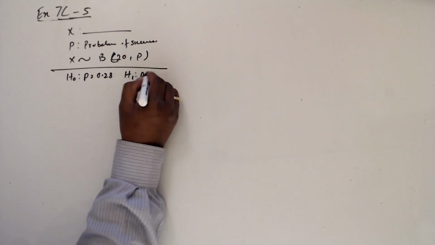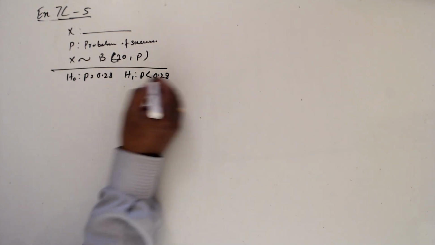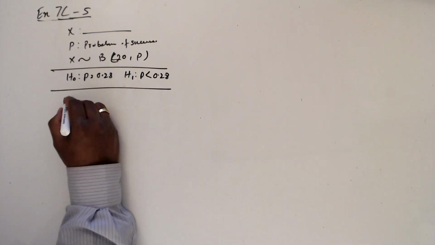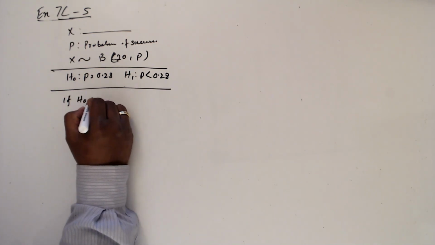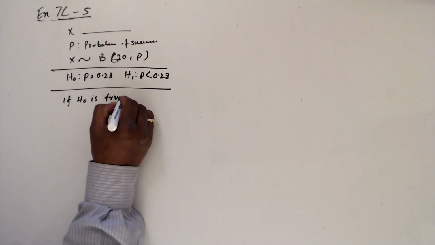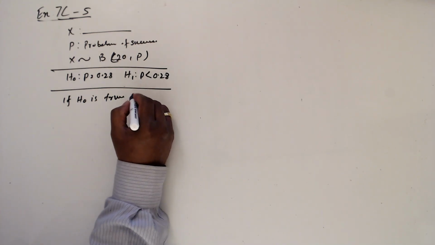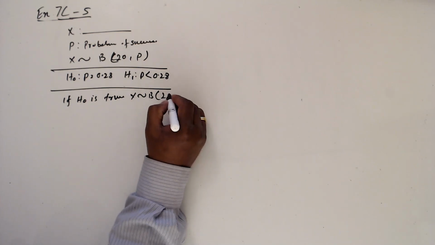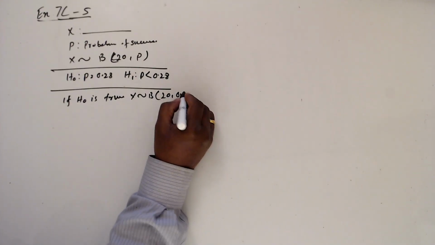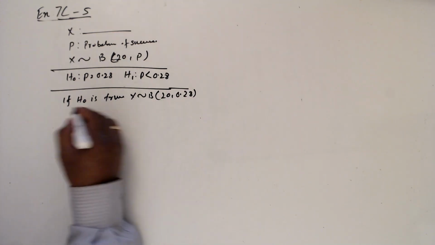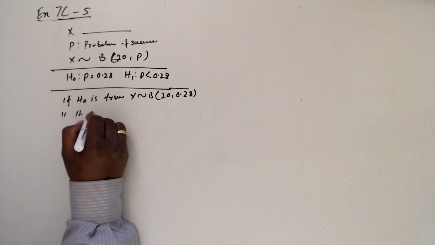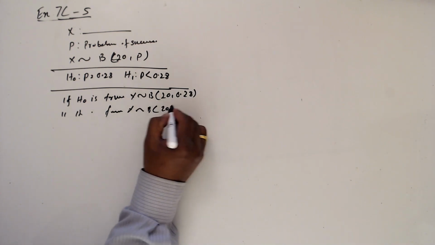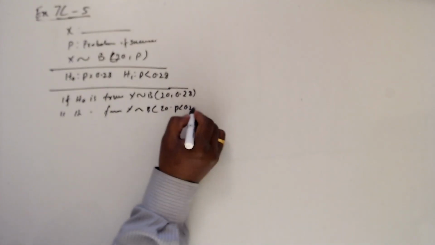H1 is P less than 0.28. If H naught is true, X follows binomial 20, 0.28. If H naught is false, X follows binomial 20, P with P less than 0.28.